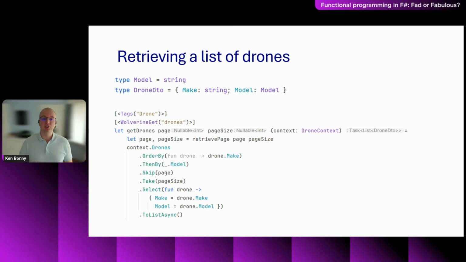The rest of the function is an Entity Framework call, as we are all familiar with. You have your context. It goes to the drones table. It orders by make and model, and the order by uses the full syntax of an anonymous function, while the then by uses the F# shorthand, because the underscore can be used to access a single property or a single function on the object that is passed into the anonymous function.